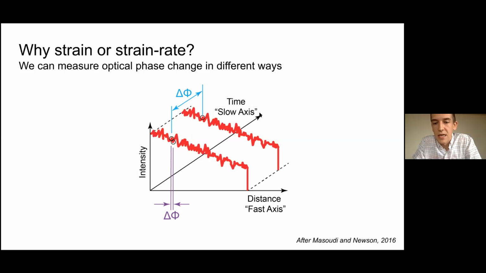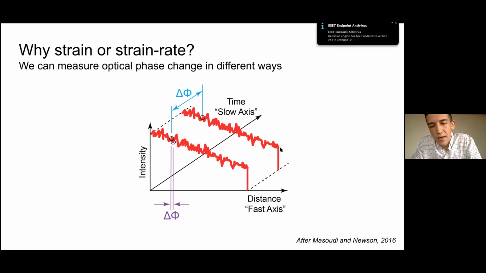This slower axis of laser pulse repetition is maybe on the millisecond to microsecond time scale. But then again, when we send in this second laser pulse a 1,000th of a second later, light returns from every point in the cable, again along the fast axis.